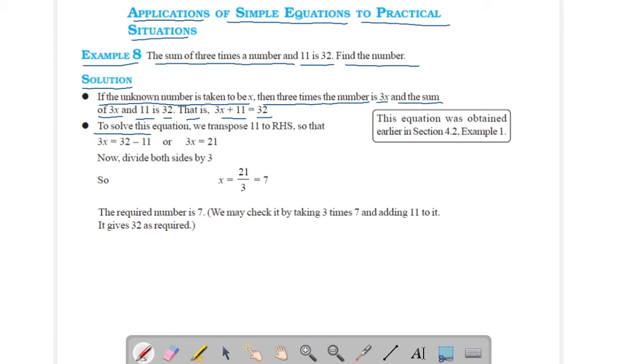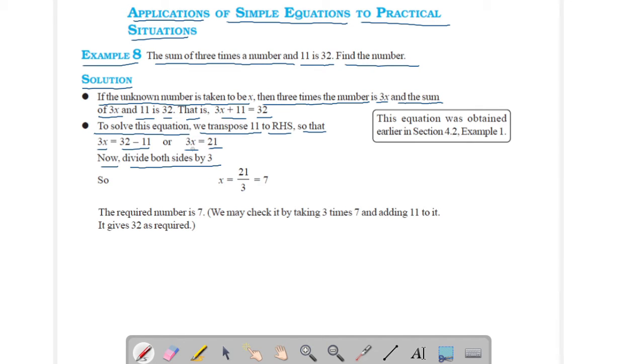To solve this equation, we transpose 11 to the right hand side so that 3x equal to 32 minus 11, that is 21. Now divide both sides by 3.